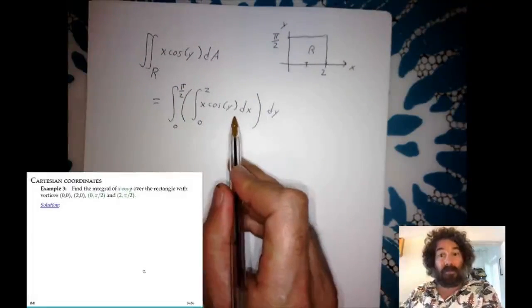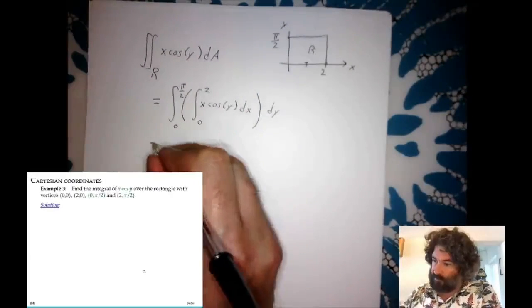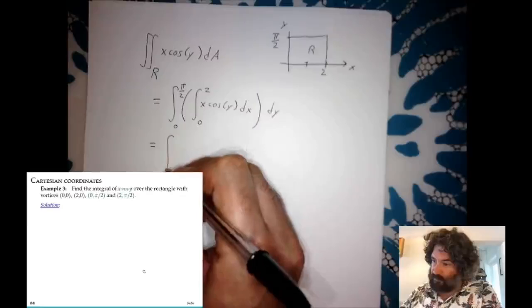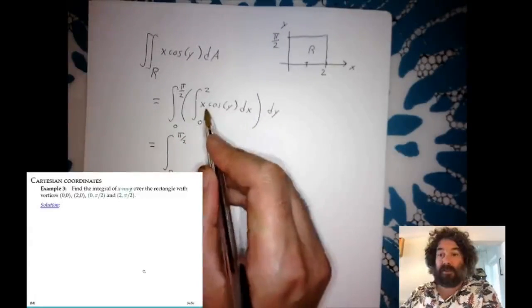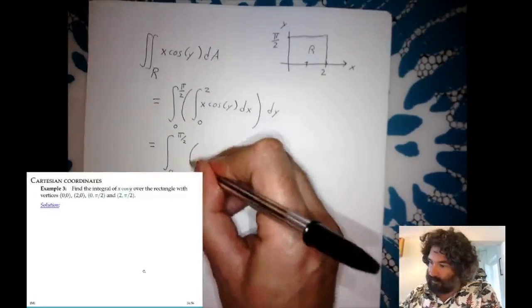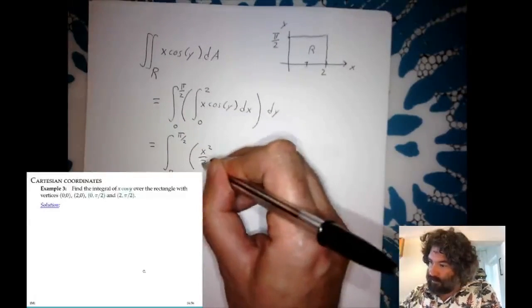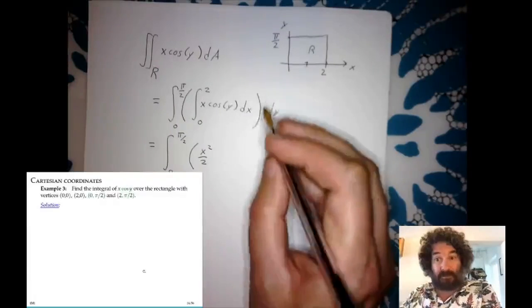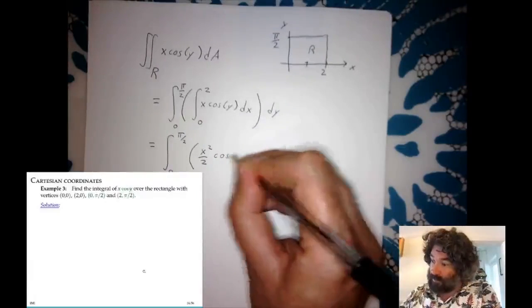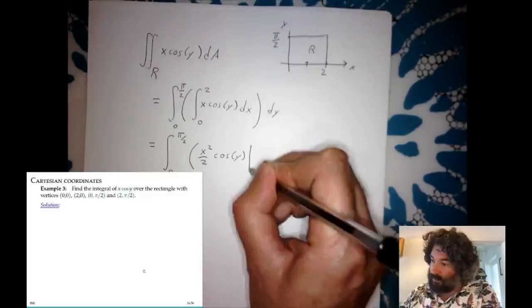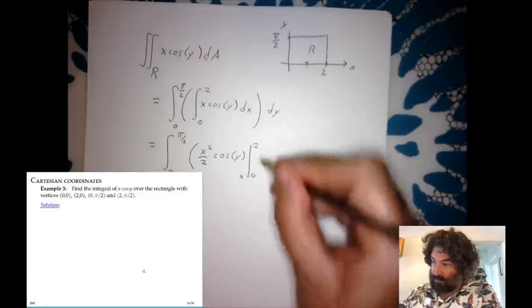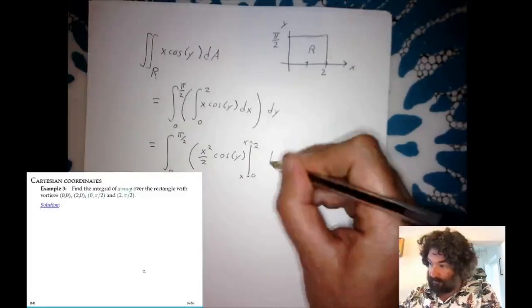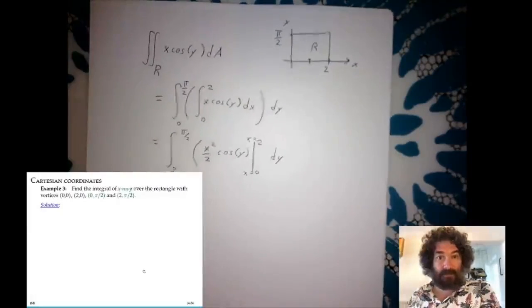Okay, so I'll do this integral with respect to x first. Find the indefinite integral, x squared over 2. Y is simply held constant, so cosine y, same. Integral from x equals 0 to x equals 2, dy.